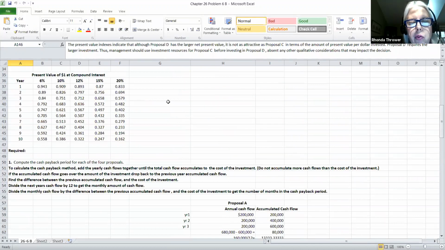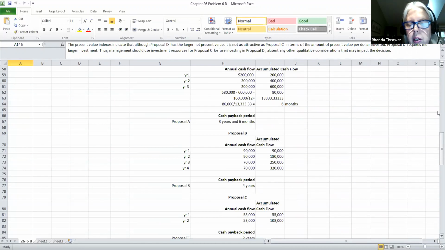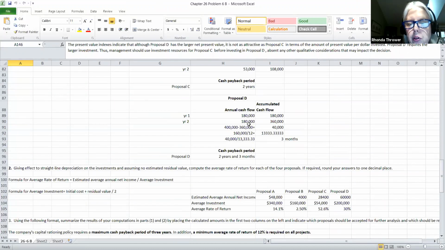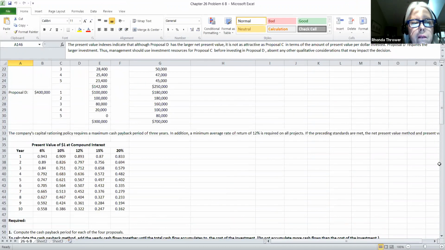Cash flow in year 2 was also $180,000. When we combine the cash flow for year 2 with the accumulated cash flow, it brings us to $360,000. Notice that's close to $400,000. So in year 3, if we took the entire cash flow, we'd go over the $400,000.